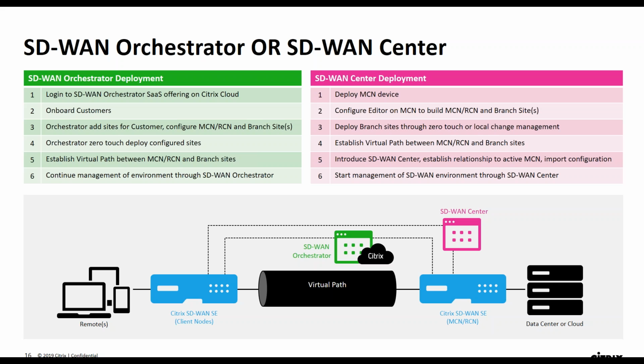Once we have established the virtual path between the two SD-WAN devices, at that point, we would introduce SD-WAN Center as the management solution to gather logs and to do some of the troubleshooting and licensing features that we would need to really optimize our infrastructure.